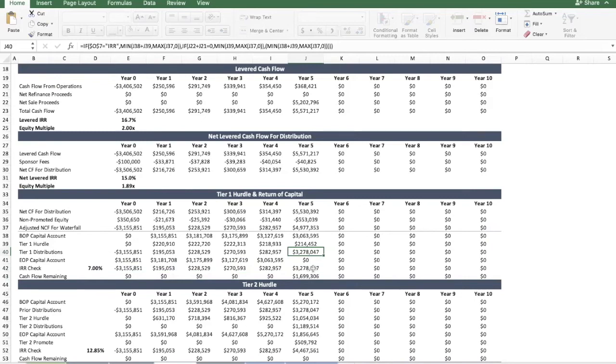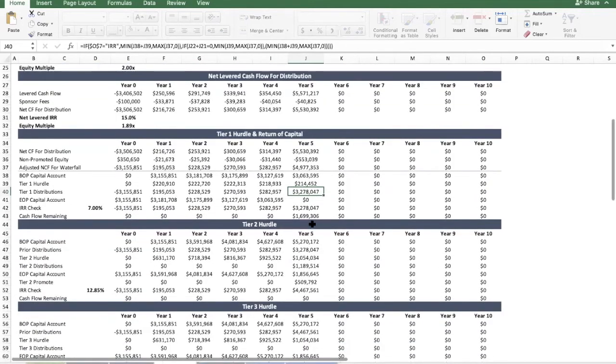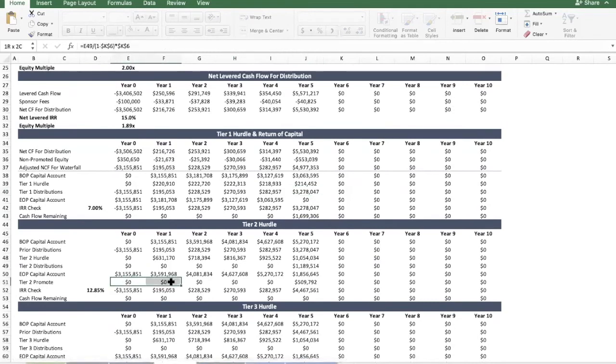But the point is the return of capital is less because you've been able to pay down the capital account through the investment. And what that means for the sponsor is you can see the promote goes into the next period. No promote is earned until investors have received all their money back and their 7% hurdle. And then the sponsor is making $509,000 in promote upon the sale.